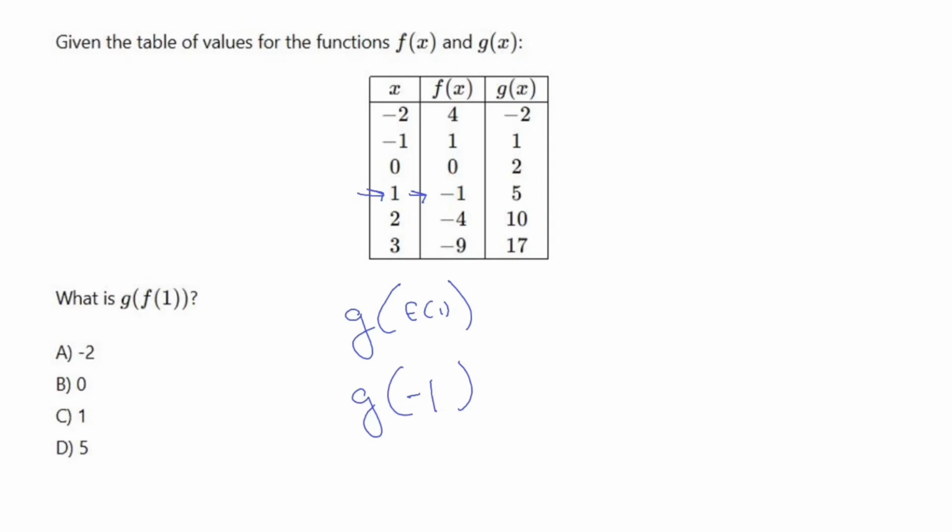So now what I have to do is find out g(-1). I go back to this table, I go to where x is negative 1, and when x is negative 1, g is 1. So at the end of the day, g(f(1)) equals 1. So my answer is C.